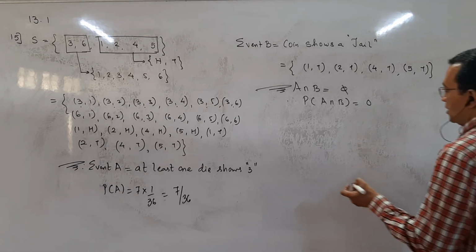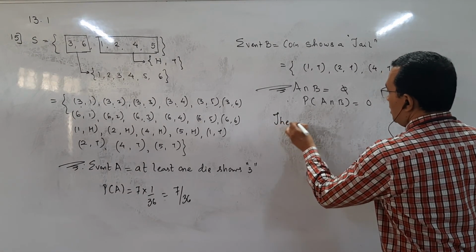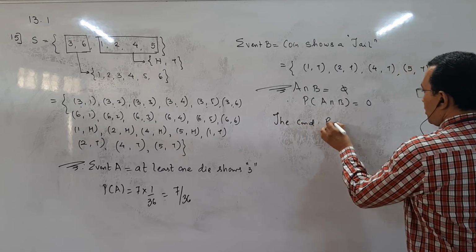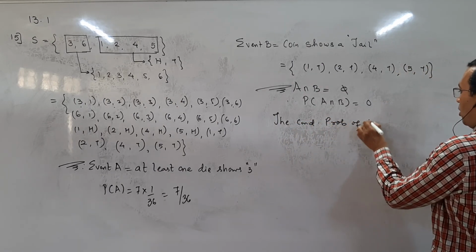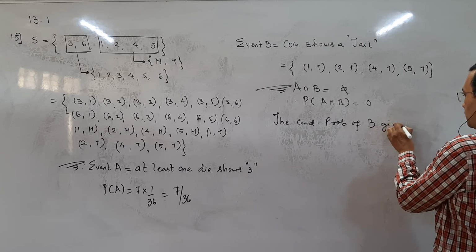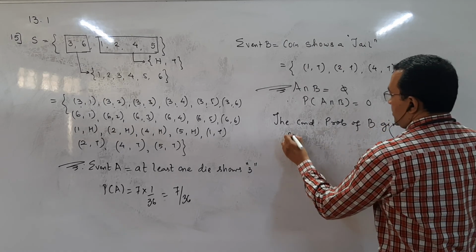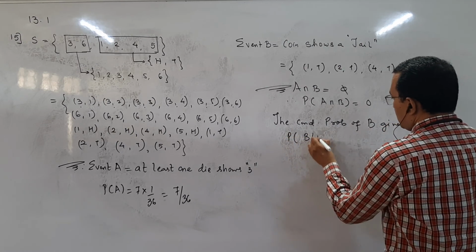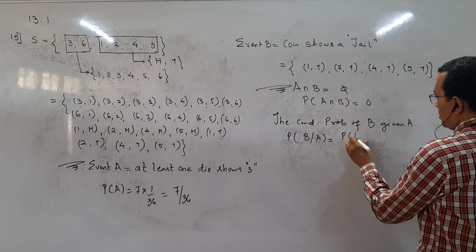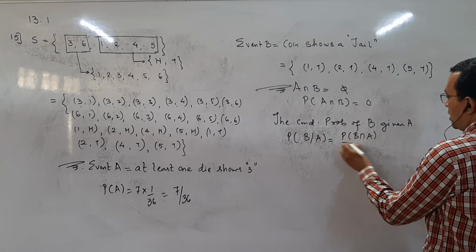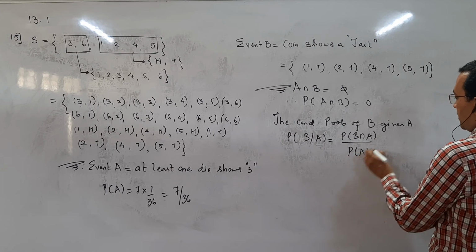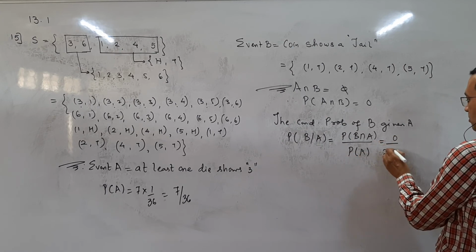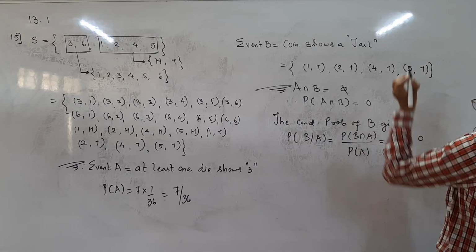Therefore, the conditional probability of B given A, P of B given A is equal to P of B intersection A upon P of A, and that works out to be 0 by 7 by 36.